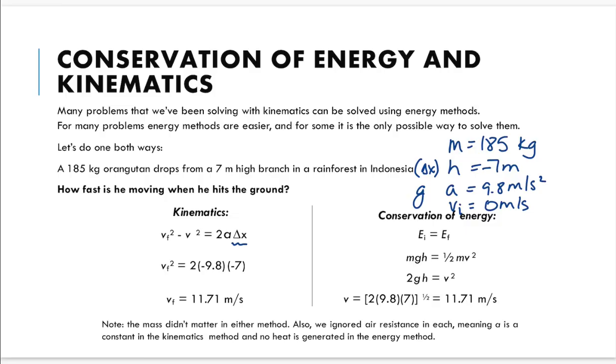So we know that we have a mass and our acceleration due to gravity, followed by our height, which we don't need to worry about direction because we are not worrying about direction, it's just velocity. So we fill those in and we get 11.71 meters per second.